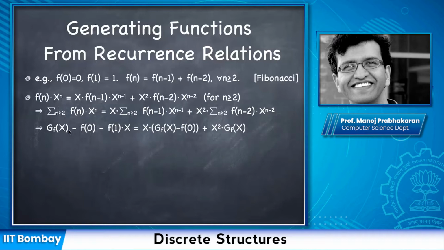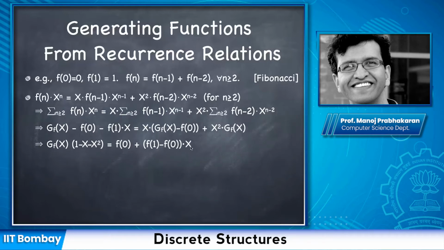Okay, and then by rearranging all the factors involving gf of x, so here is an x times gf of x, here is an x squared times gf of x, so they come to the other side. So it's gf of x times 1 minus x minus x squared, and I take everything else to the other side, is equal to f0 plus f1x minus f0x, right?